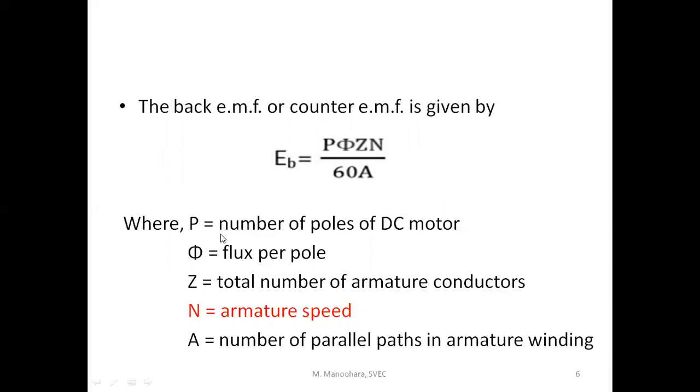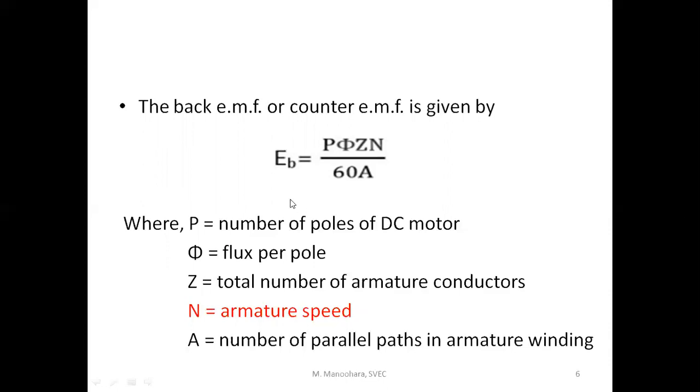Here P is the number of poles of DC motor, phi is the flux per pole, Z is the total number of armature conductors, N is the armature speed, and A is the number of parallel paths in armature winding. So if you see this equation, number of poles, flux per pole, number of conductors, and number of parallel paths in the winding are constant.